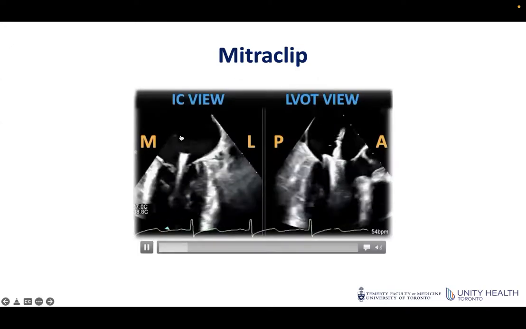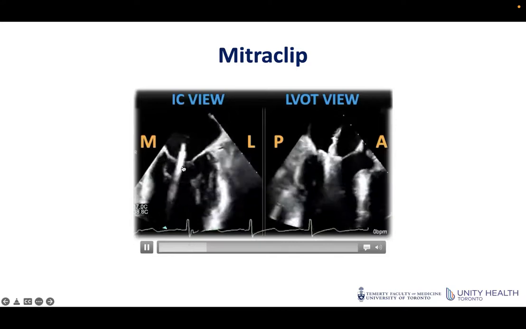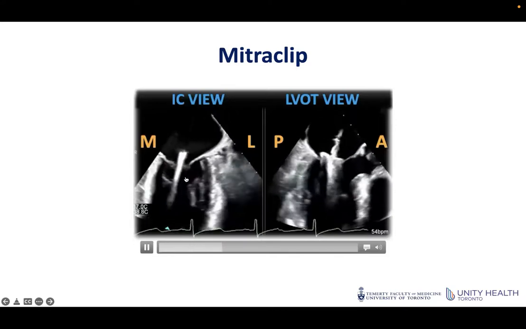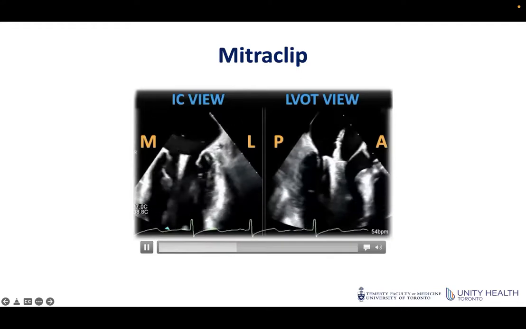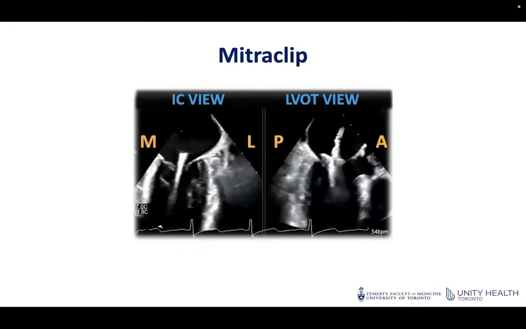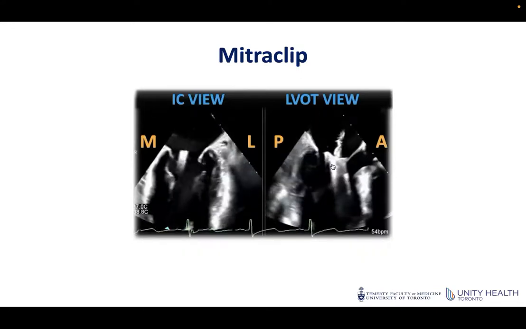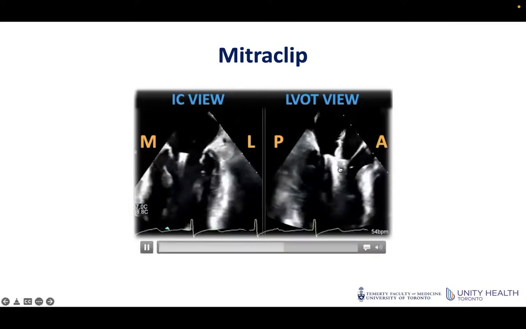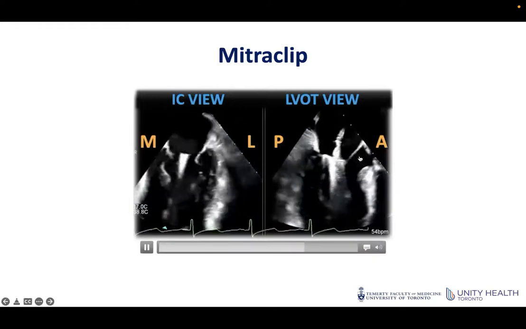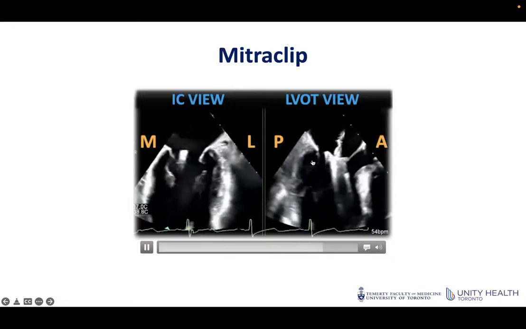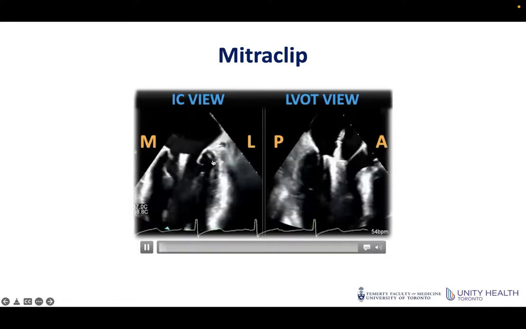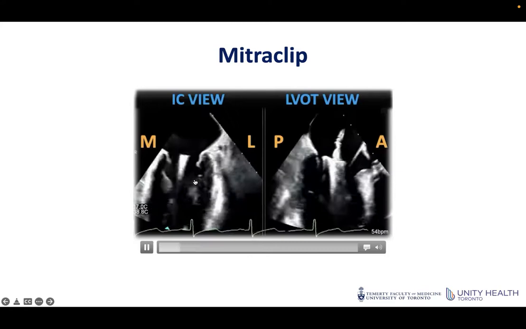Once we have the clip close to the mitral valve, we want to make sure that we have a proper angulation of the clip that has to be basically approaching the valve in a perpendicular direction, both in the anteroposterior, so in the long axis view, as well as in the intercommissural view.